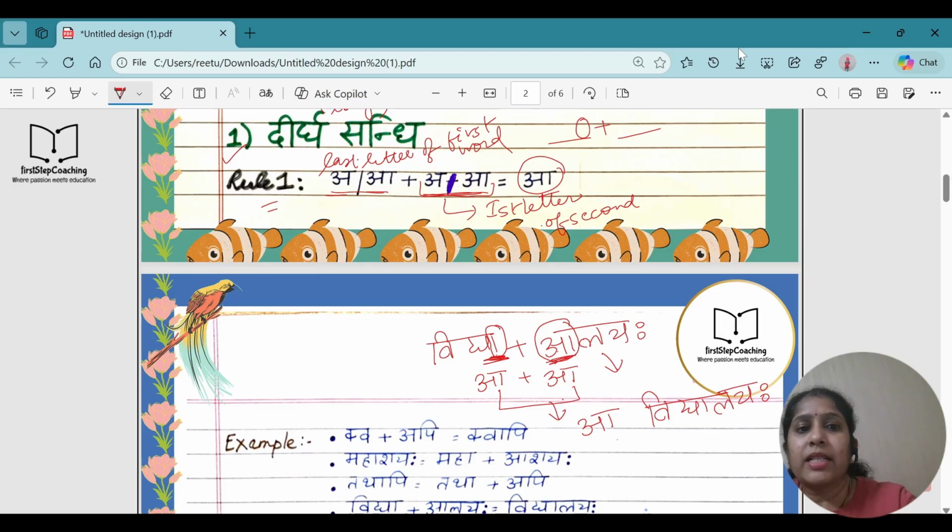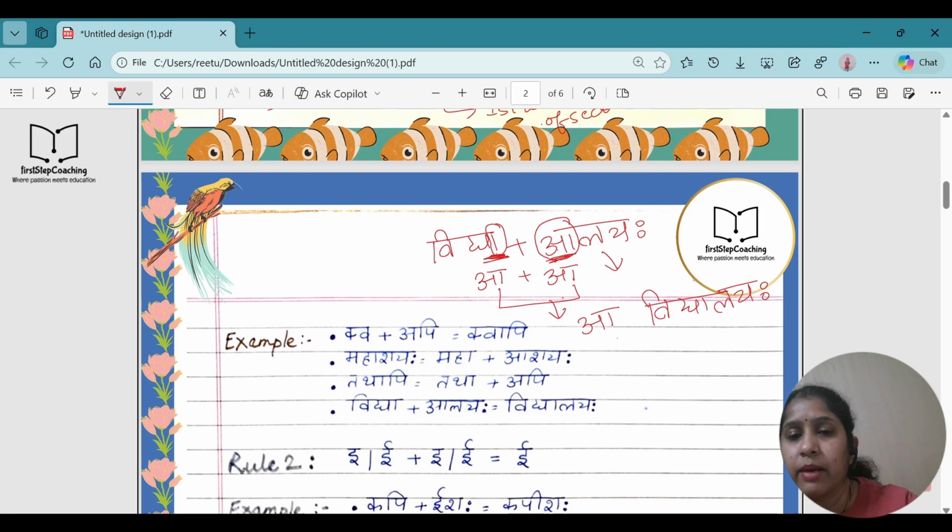Let's understand this with the help of some more examples. Suppose you have the words kva and api. What is happening in kva? Kva is made up of k and a. The last letter here is a, and here the first letter is a.